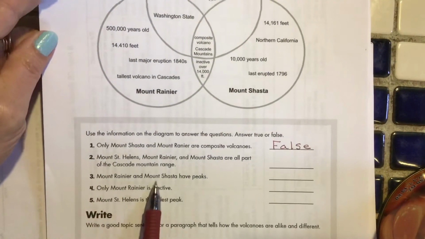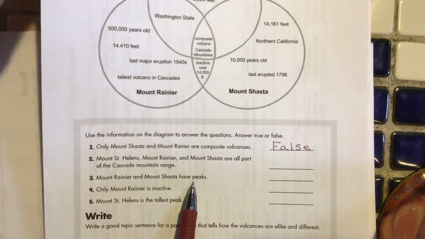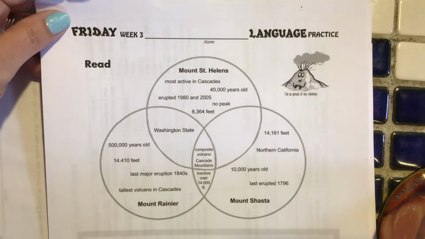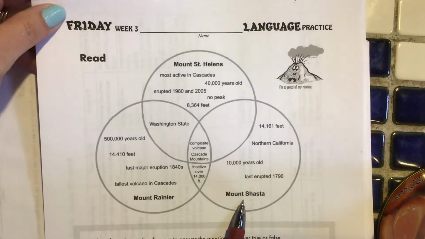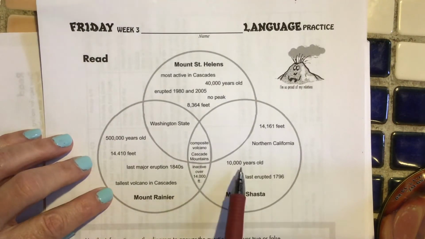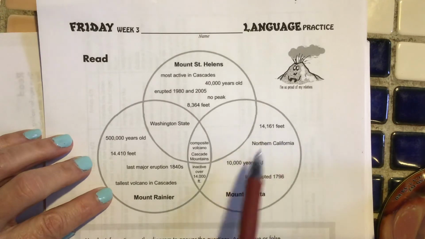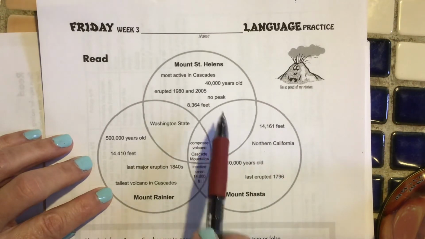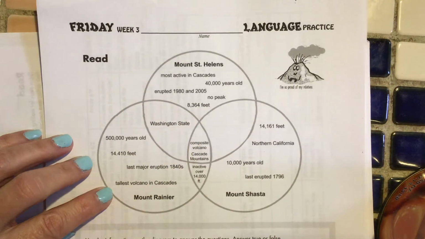Number 3, Mount Rainier and Mount Shasta have peaks. So you need to read to see if it says anything about them having peaks. It specifically tells us that Mount St. Helens does not.